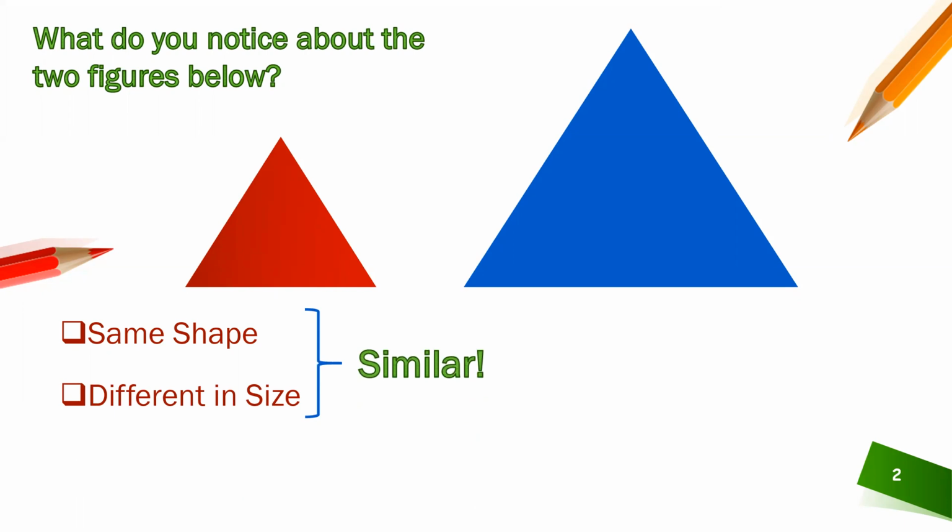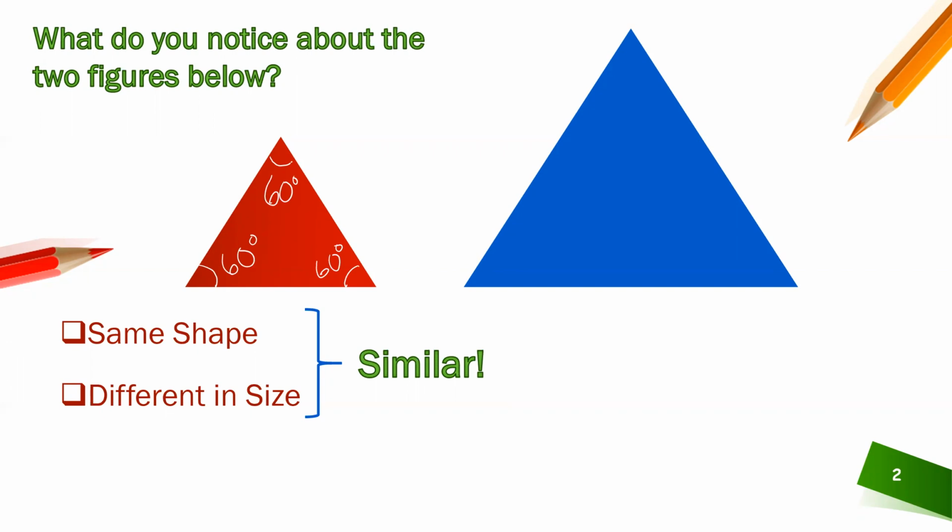And so let's take a look at the red one. That's an equilateral triangle. And we know the sum of all the angles in a triangle is 180. So each one of them is 60 degrees, right?